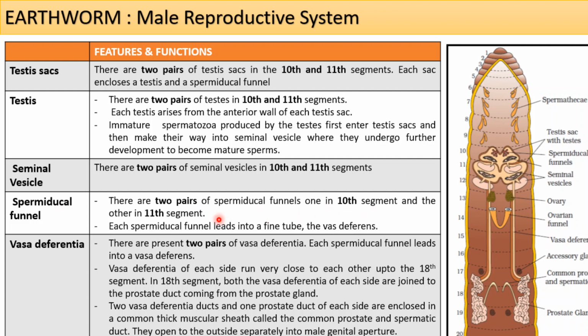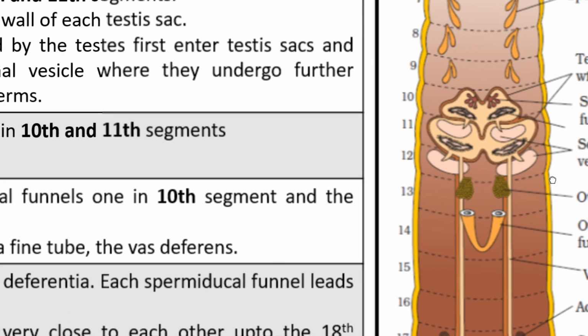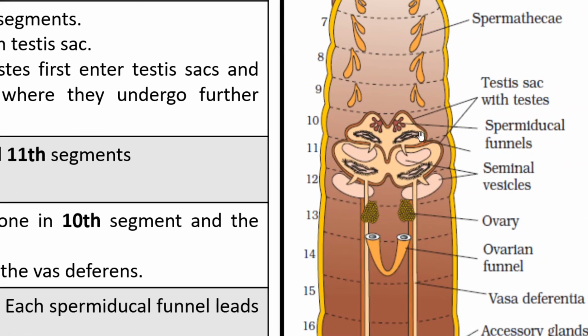देखो, everything is concentrated in the 10th and 11th segment. So understand that 10th and 11th segment is very, very important as far as the male reproductive system is concerned, right? So spermiducal funnel भी है, थोड़ा सा labeling में इन लोग से गड़बड़ हो गई है. ये देखो spermiducal funnel, actually ये testis का labeling है, जहां पे उन्होंने spermiducal funnel को label किया है.